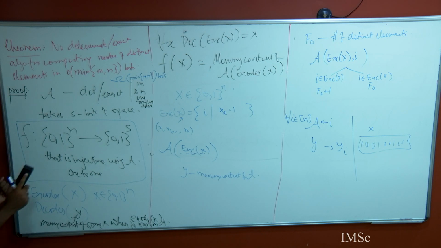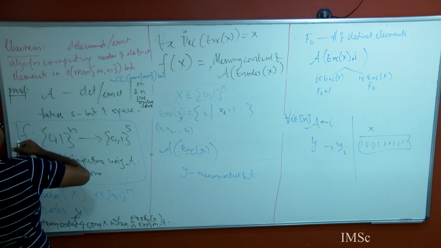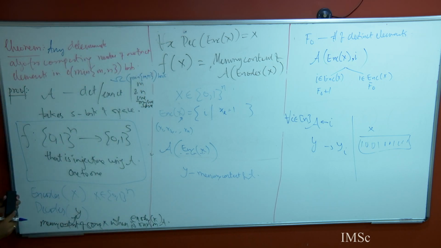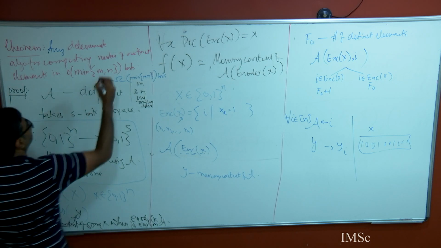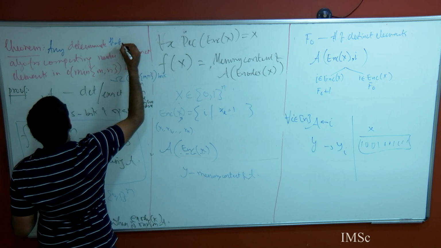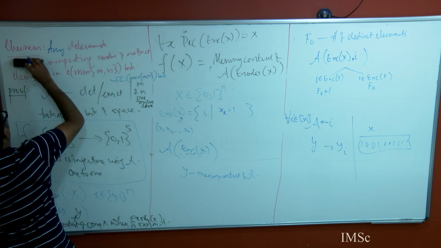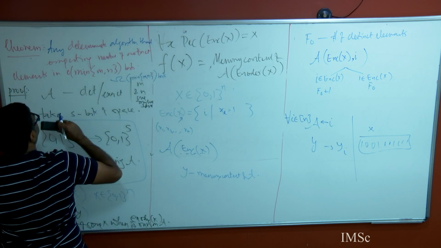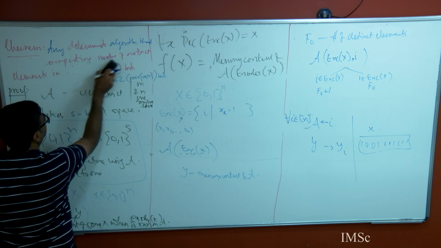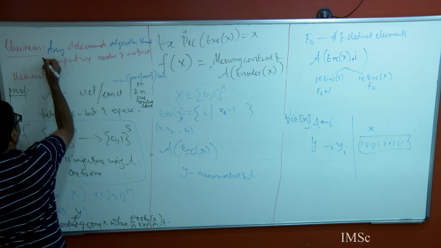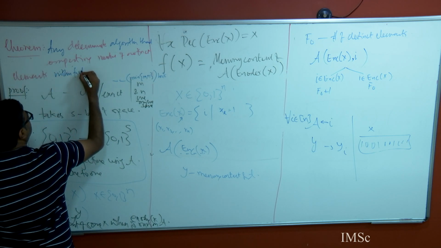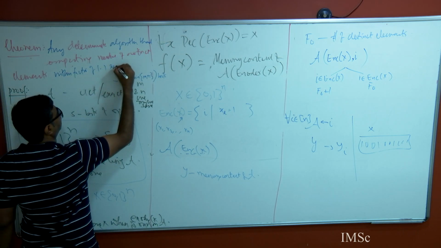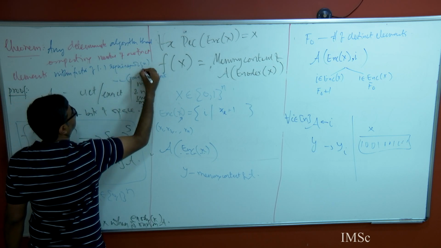The theorem which I would like to prove is that any deterministic algorithm that computes the number of distinct elements, say within a factor of 1.1, requires omega n space.